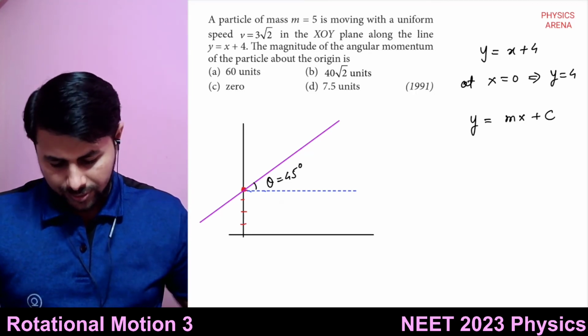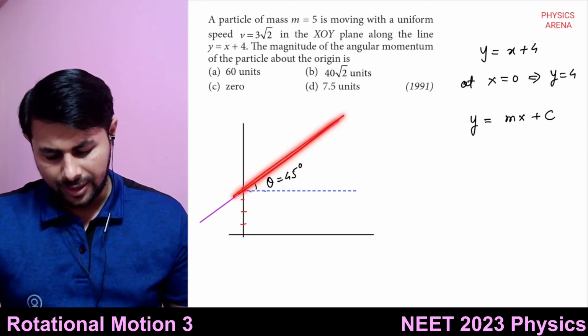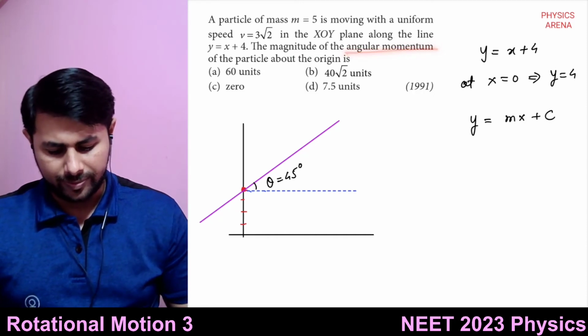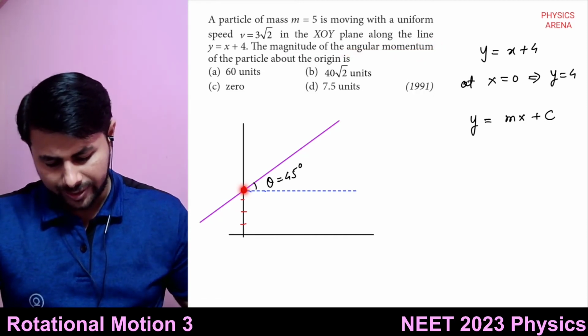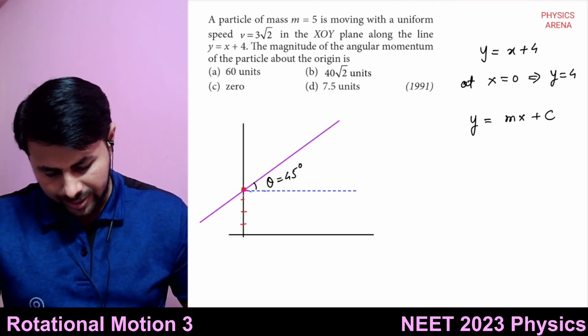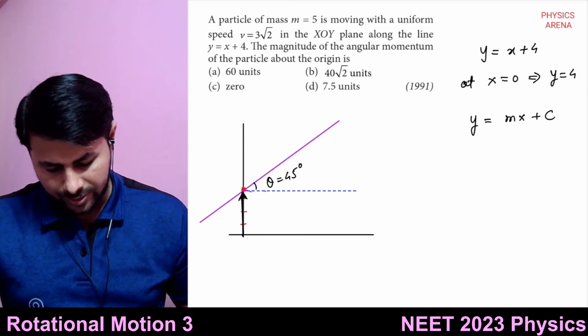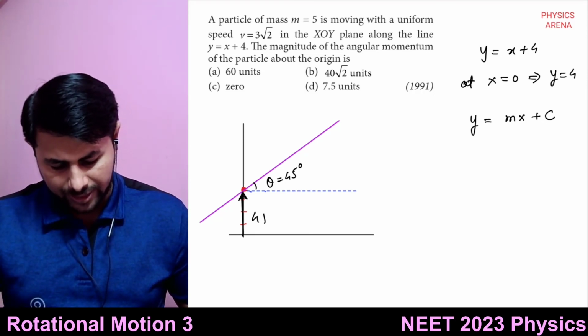All right. So the particle is moving along this line, and you are asked what will be its magnitude of angular momentum. So think, when the particle is at this point, what will be its position vector? Its position vector will be this one.